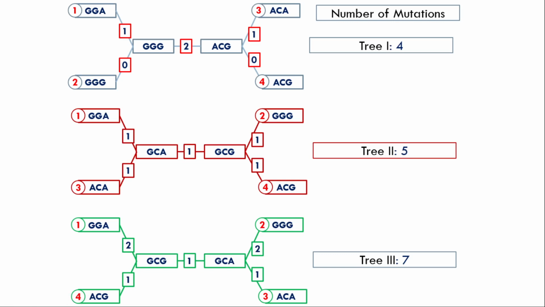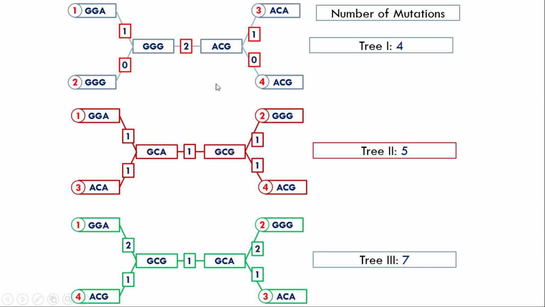means to establish the evolutionary relationship among the sequences, the minimum number of mutations required, that will be the maximum parsimonious tree. Means here you can conclude that tree number 1 is the right answer, means 1 and 2 have the common ancestor and 3 and 4 have the common ancestor.